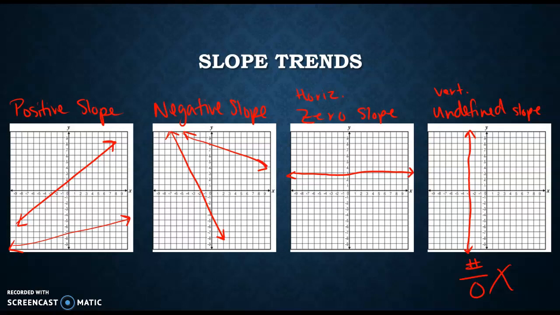And so that's undefined. One thing I tell students that might help is you can draw or imagine a stick figure on the left-hand side of your graph. If he is walking up the hill, then it is positive. If he is skiing down the hill, it is negative. If he's got a nice flat walk ahead of him, then it is 0.